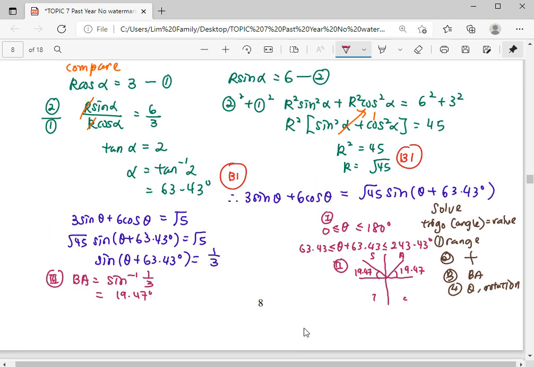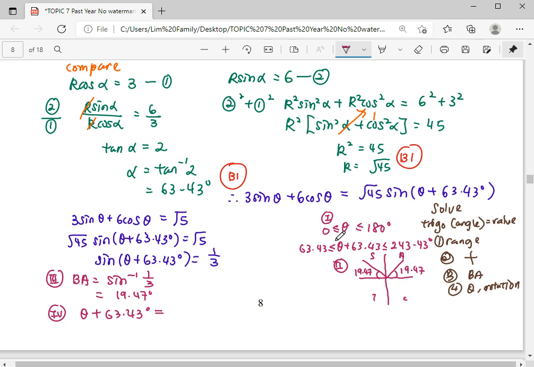And then finally, we go for step 4. Step 4 means our answer. When we shift our sine to the right hand side, our answer here is theta plus 63.43. So what is the solution here? We have to rotate our quadrant. For our rotation here, we refer back to our range. It starts from 63.43, I'm not starting from 0.